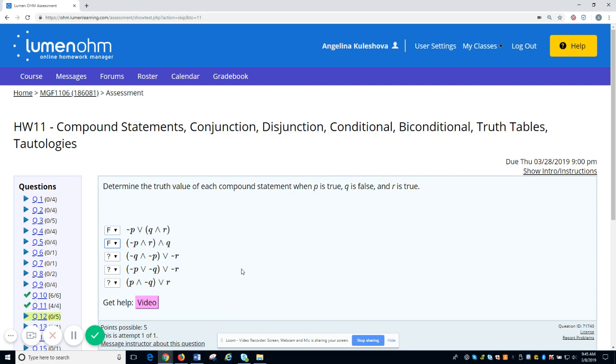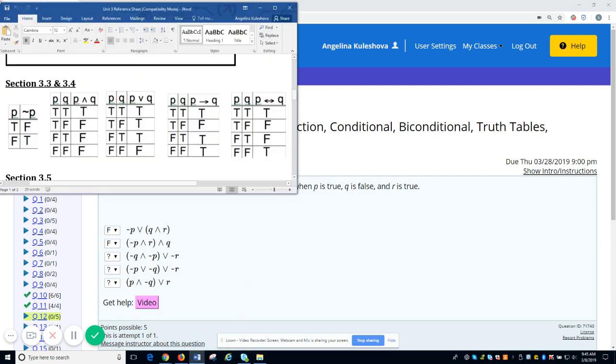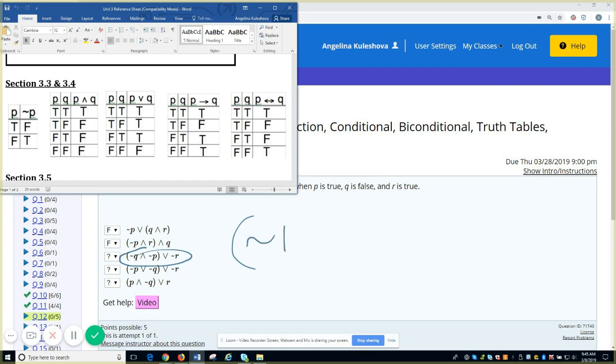Okay. All right, let's do the next one. The next one, I have the negated Q, which is false, and negated P, which is true, or negated R, which is true. So I'm going to simplify all my negations first. So the negated false becomes true, the negated true becomes false, the negated true becomes false.